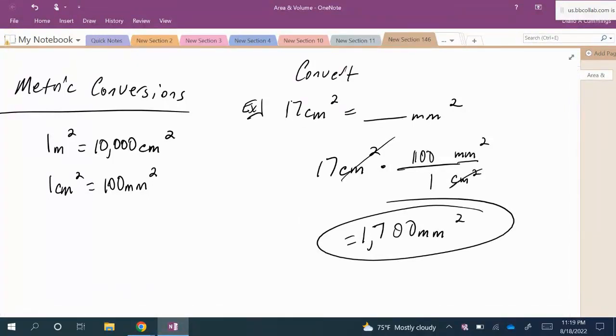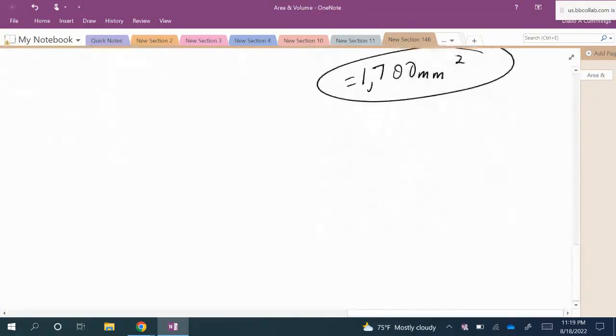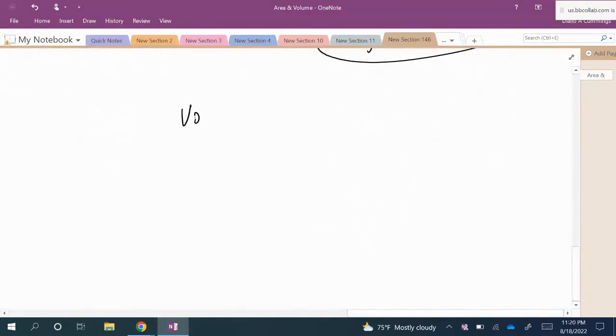All right, so next we're going to look at volume. And here again, volume is the amount of liquid something can hold. Okay, so we have some basic formulas.